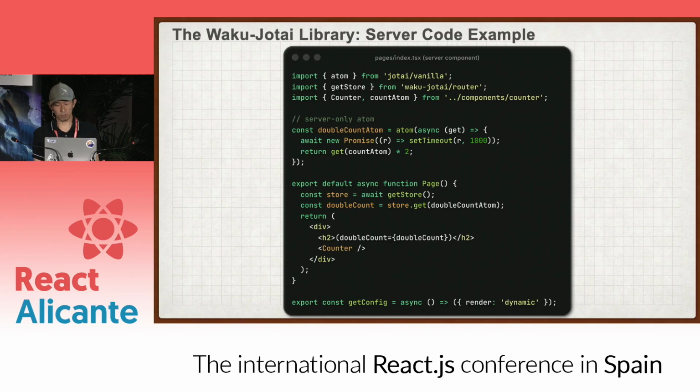This file exports a server component page. In the server component, we call the getStore function to get the Jotai store. Using the store, we can read the value of doubleCountAtom. Do you remember the store get method I explained earlier?